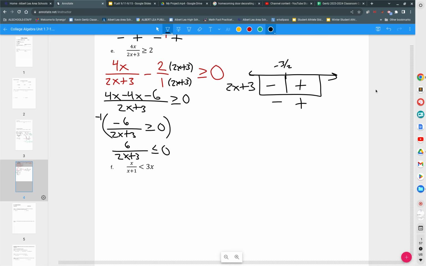Wondering where it's negative because we're wondering where it's less than or equal to 0. So that would be from negative infinity to negative 3 halves. Do I put a parenthesis or a bracket? Parentheses. Why a parenthesis? Because if you plug it in, it means 0. Notice the equal sign says use a bracket, but you can't get 0 in the denominator, so we use a parenthesis.